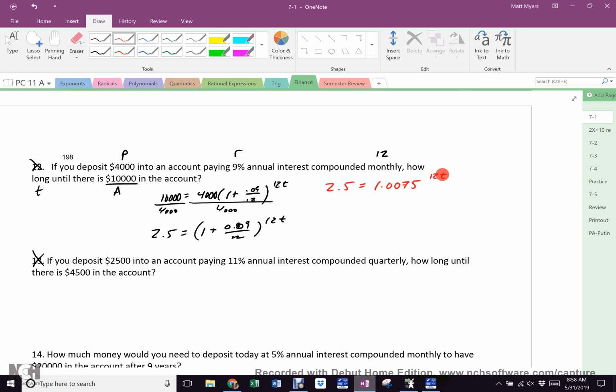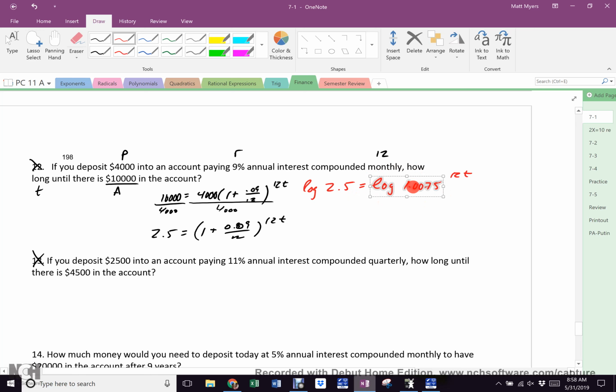We know we're going to need to divide, yes? So, but to get rid of an exponent, we must log both of these. Log 1.0075 to the 12t. Now, we want to get rid of the log. So we do that division.